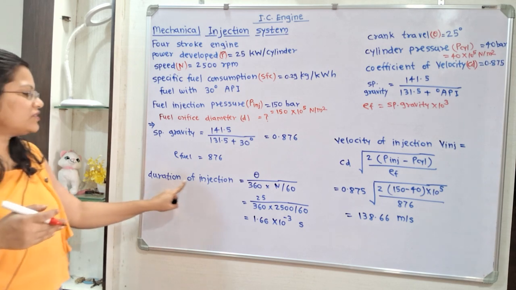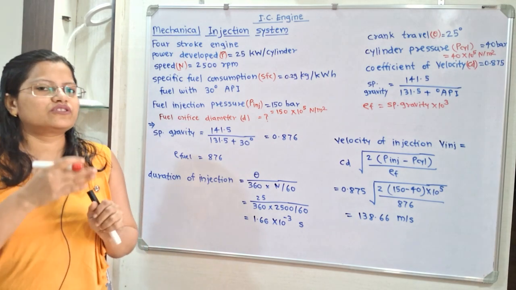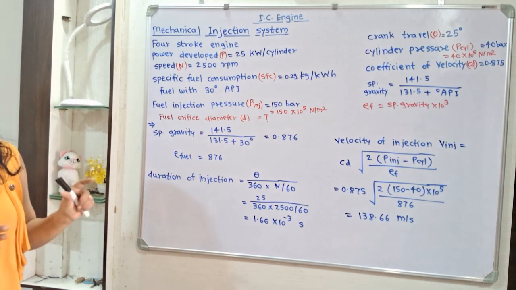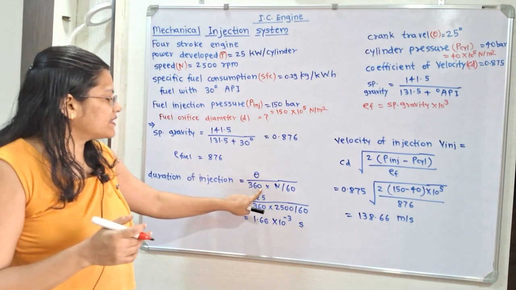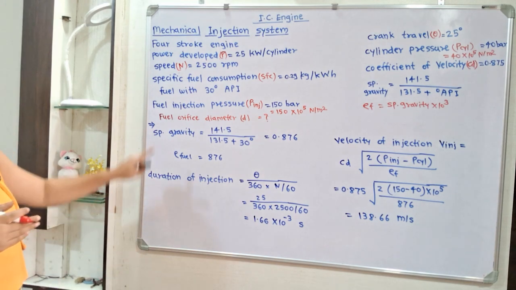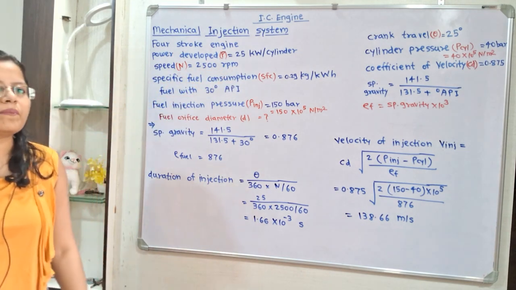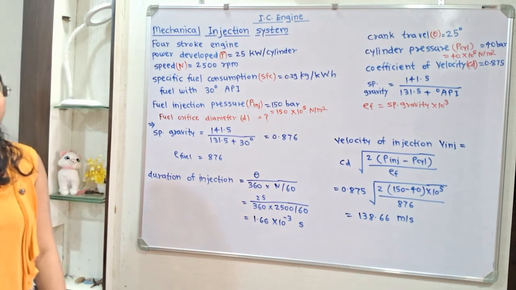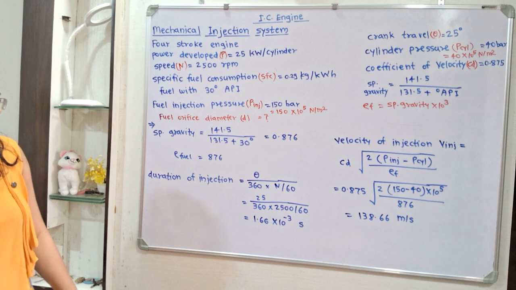Now the duration of injection. How to calculate the duration of the injection of fuel? For that we use the standard formula: theta divided by 360 multiplied by N by 60. Speed N is given in rpm, revolutions per minute, so when we divide by 60, we get this value in rps, that is revolutions per second.